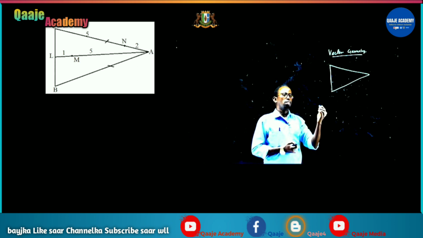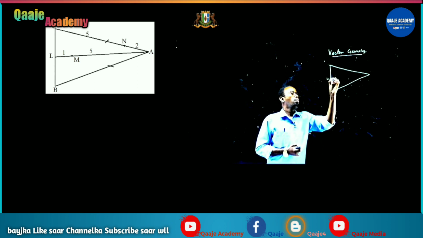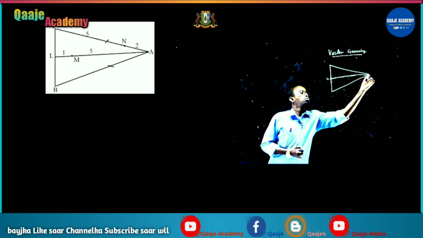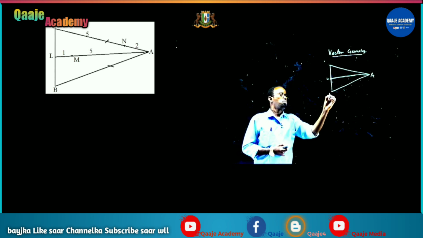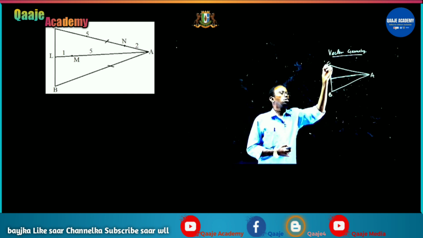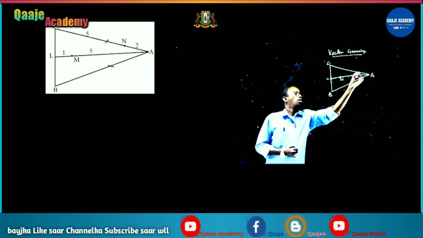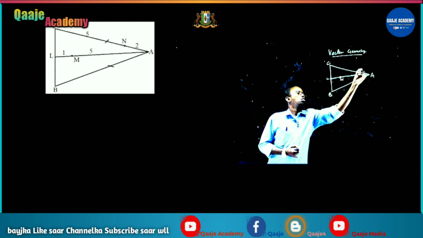We are told L is the midpoint. I draw a line from L to that point. So this is A, this is B, and C. This point is M, and this point is N.